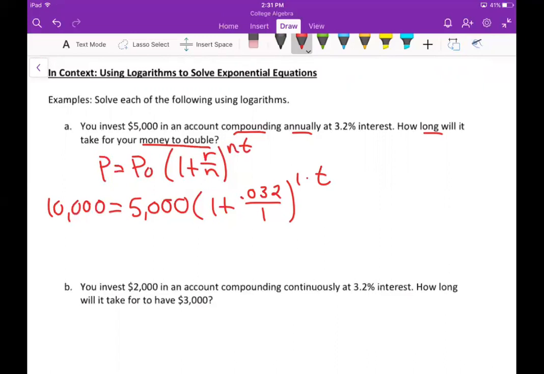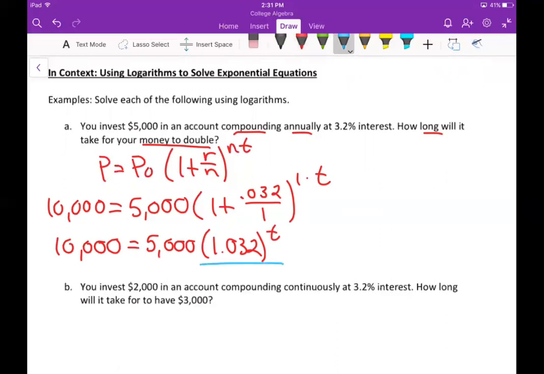Okay, so let's start doing a little simplifying so we can see what we're actually trying to solve here. 10,000 then equals 5,000 times our base, which is 1 plus 0.032 over 1. That's just 1.032. And our exponent is 1 times t, and so that's just t. So our exponential term here is our base 1.032 to the exponent of t, which is our variable.